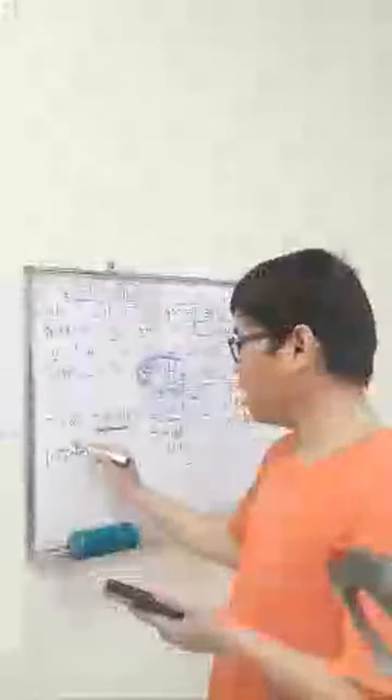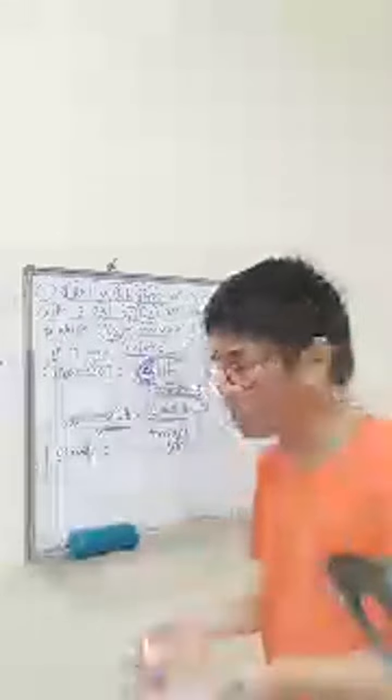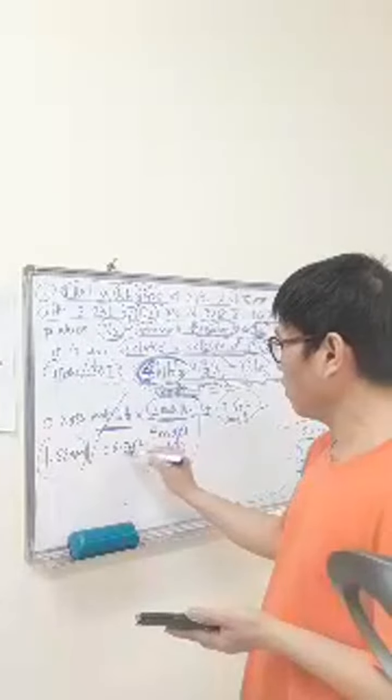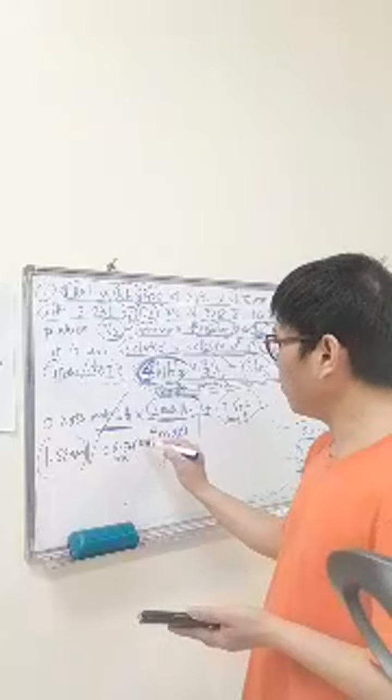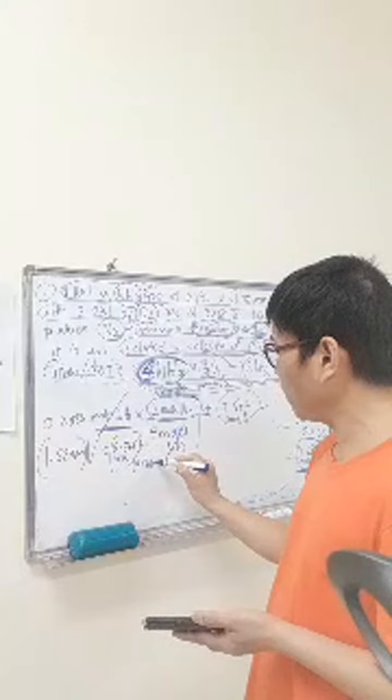Then volume, this is what is asked for nitrogen. The number of moles of nitrogen gas we computed based on the stoichiometric relationship is 0.5712 moles. And then the universal gas constant is 0.08205.